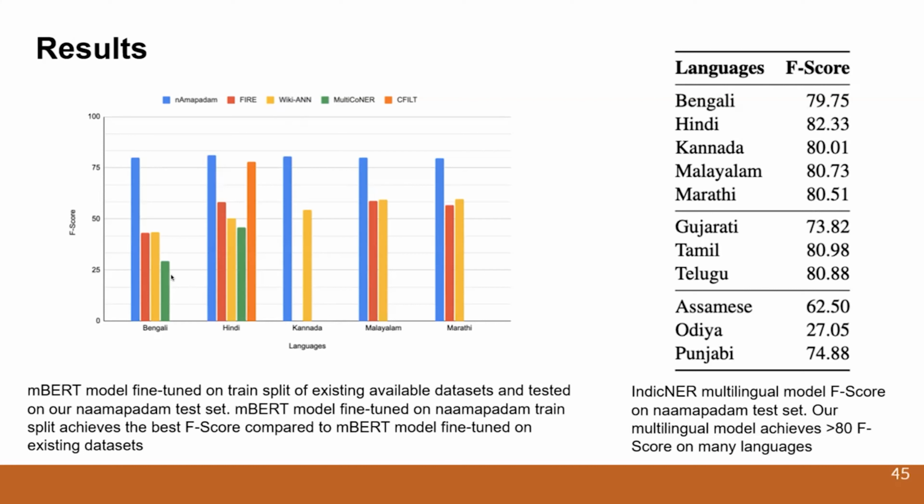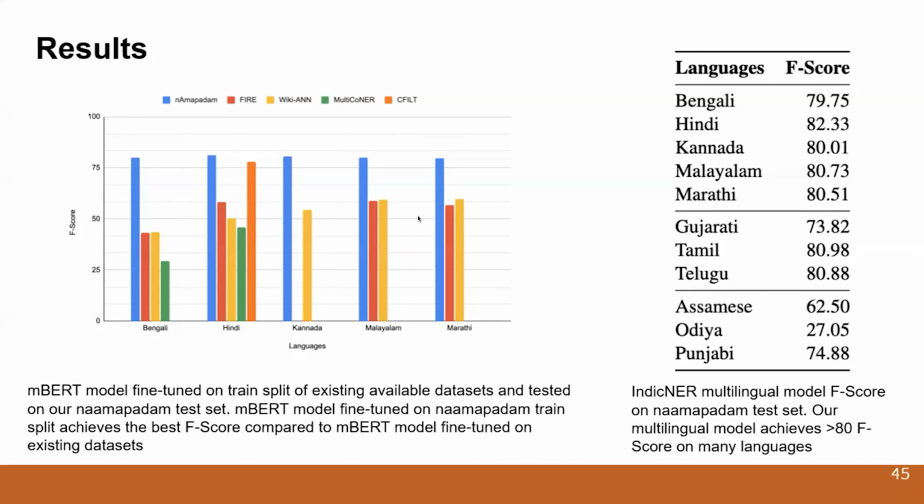The same goes for the orange bar for WikiANN, and the green bar is for the MultiCoNER dataset, a SemEval 2021 dataset for Bengali and Hindi. And lastly, Seafield Lab recently released a very large data set for Hindi comprising around 1 lakh sentences manually annotated by a single annotator. We took the train portion of the data set, fine-tuned the model, and tested on our in-house test data.